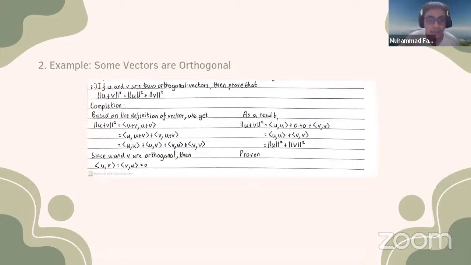The next one is, if U and V are two orthogonal vectors, then prove that norm U plus V to the power of 2 equals norm U to the power of 2 plus norm V to the power of 2.